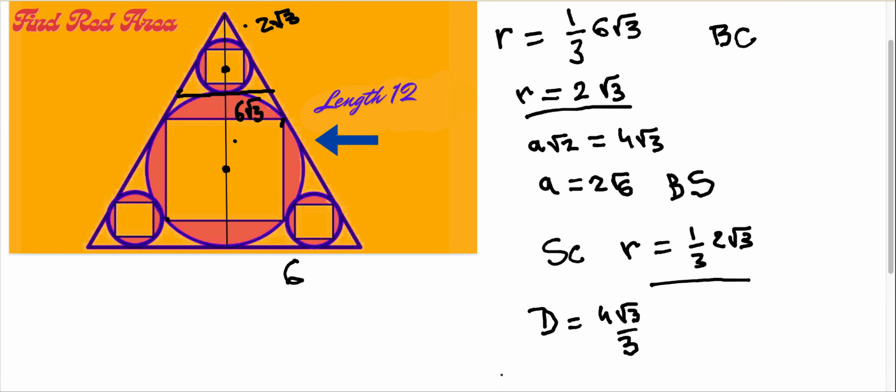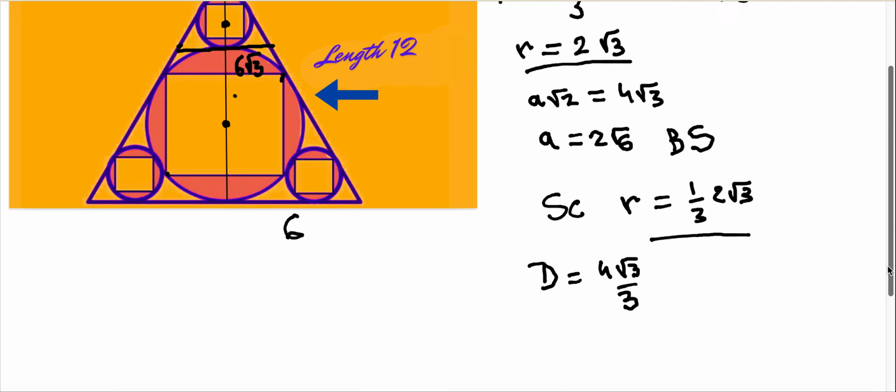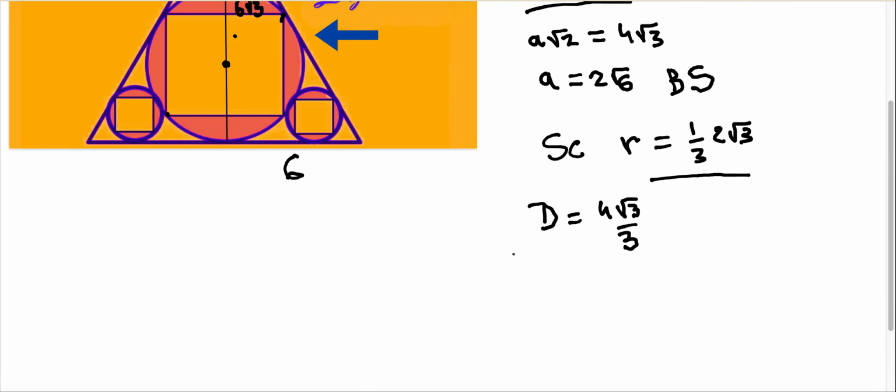And now I'm looking to find A, one side of the small square. Let me say A1, to be a little different from A here.